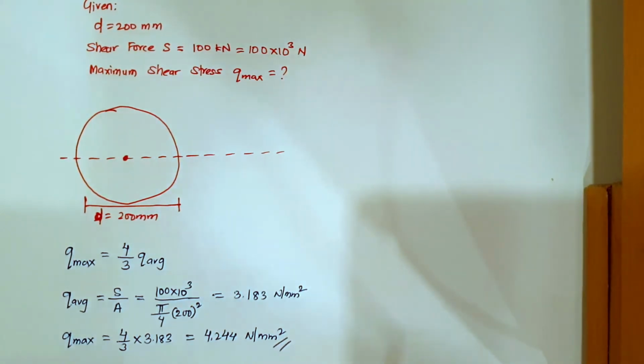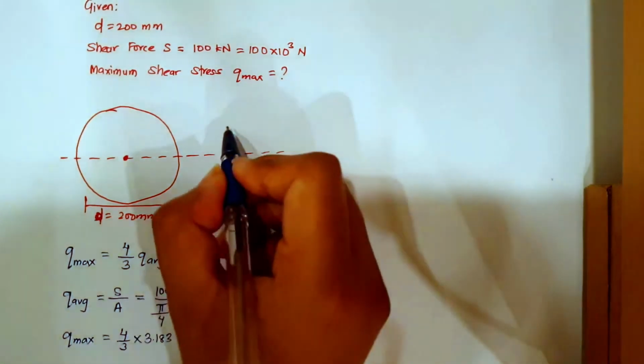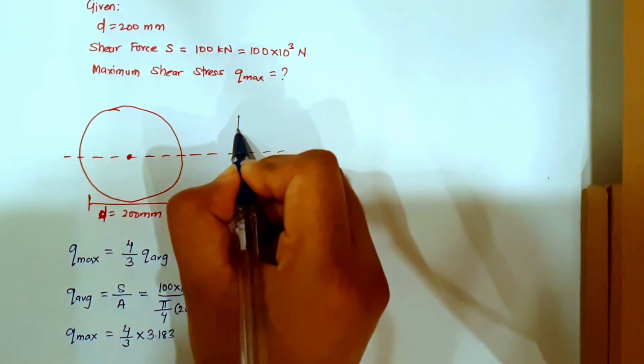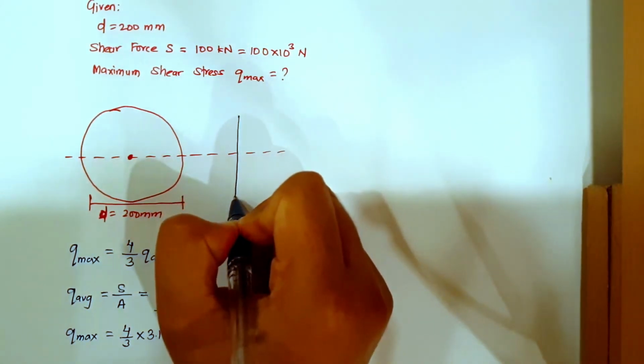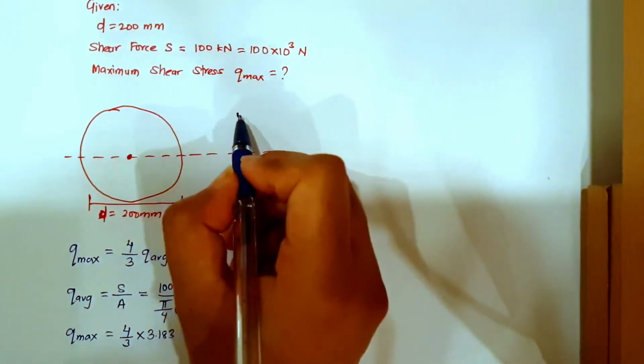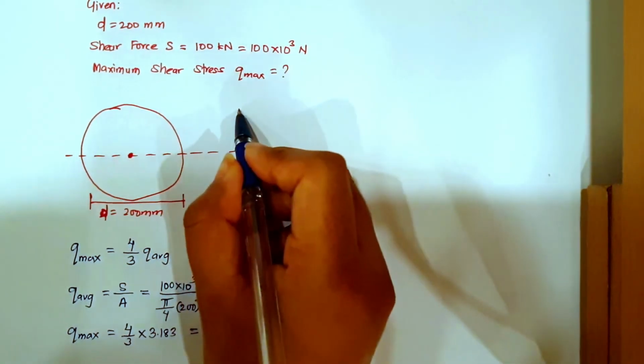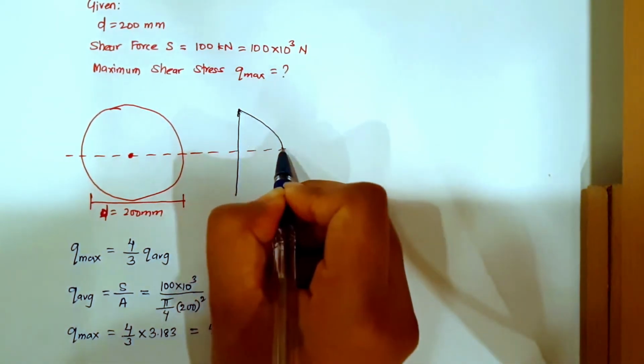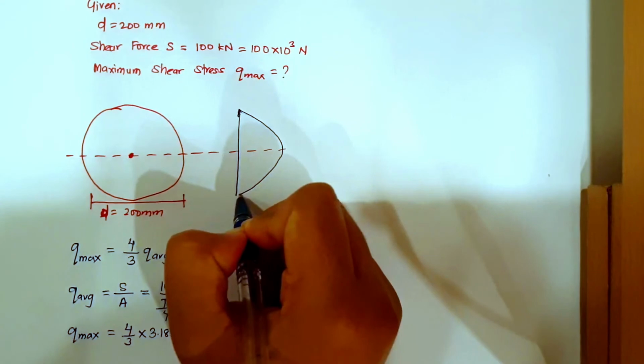Okay, now let us draw the shear stress distribution diagram. Maximum will be here at this point, and then it will decrease and come here.